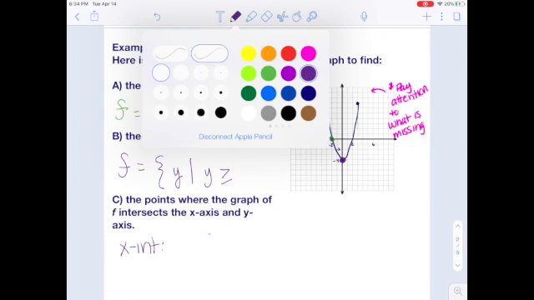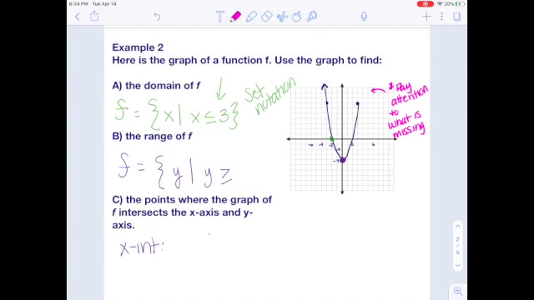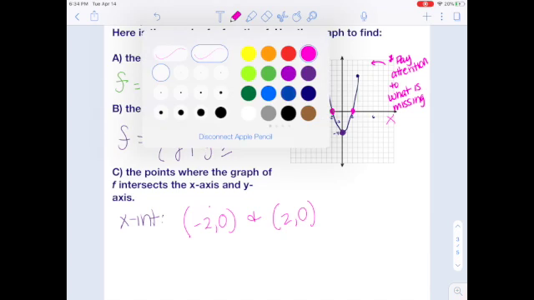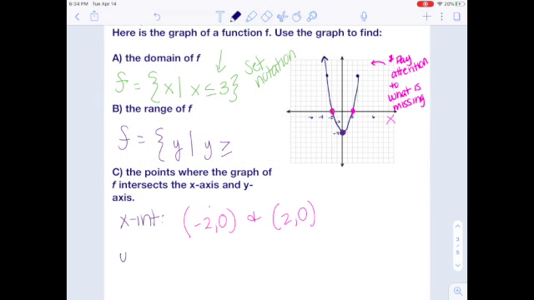That's where the graph hits the x-axis. So let me highlight it. Here's our x-axis, you've got an x-intercept of 2 and -2. So you're going to tell me those coordinates, which are -2, 0 and 2, 0. So you actually have 2 in this function.